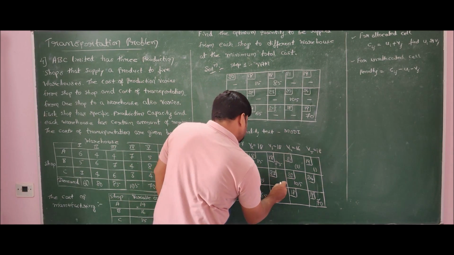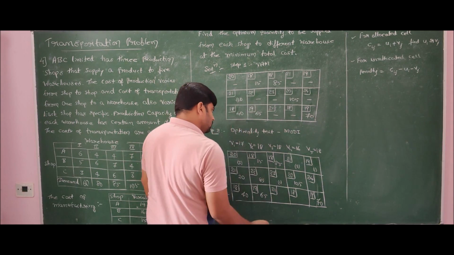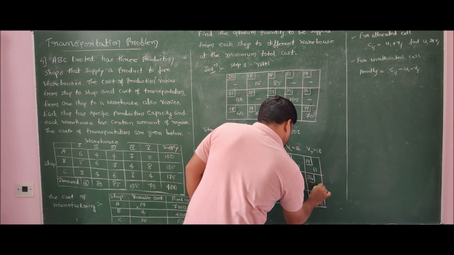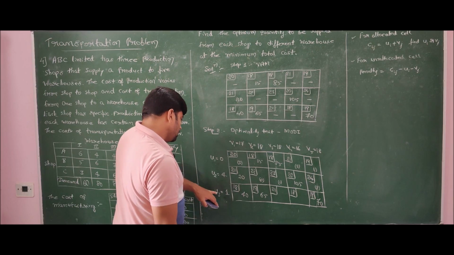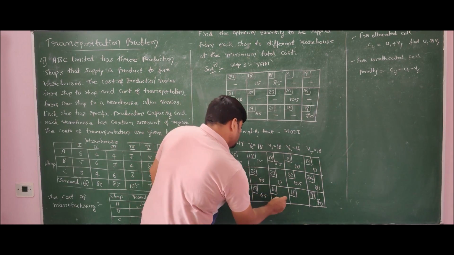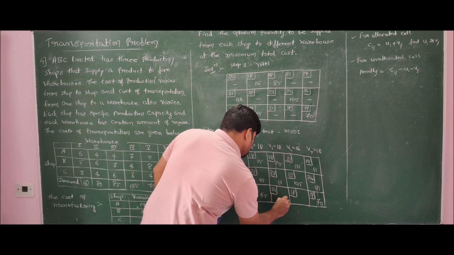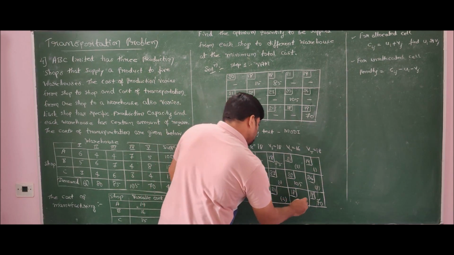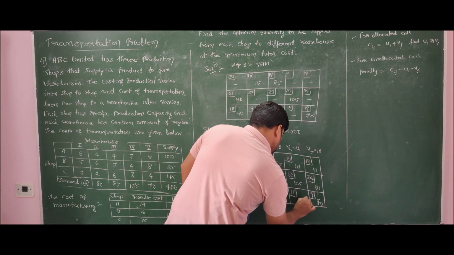Cost is 23, 23 minus 22 is plus 1. Cost is 24, 24 minus 22 is plus 2. Cost is 21, 21 minus 19 is plus 2 again. 18 minus 17 is plus 1.